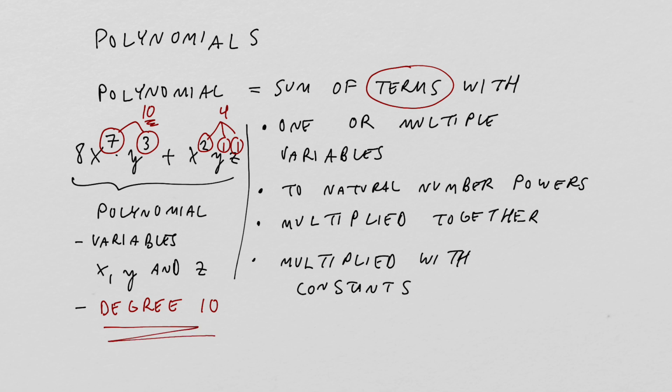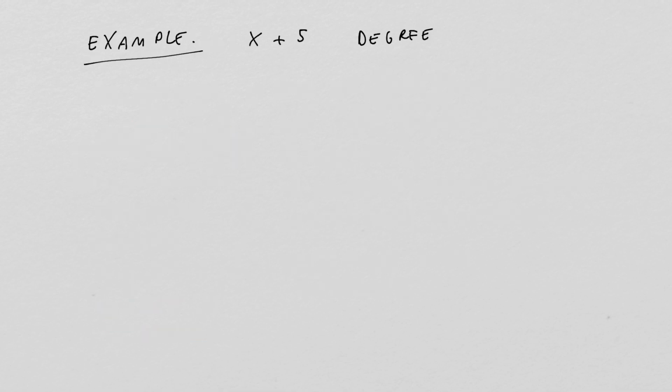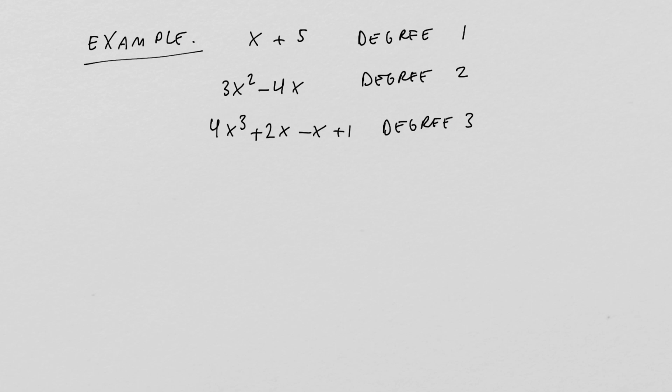Let's next talk about polynomials with one variable. The degree of this polynomial is 1. The degree of this polynomial is 2. And the degree of this polynomial is 3. This expression is very useful in physics if you have some motion with constant acceleration. This formula would tell the position of the particle at time t.